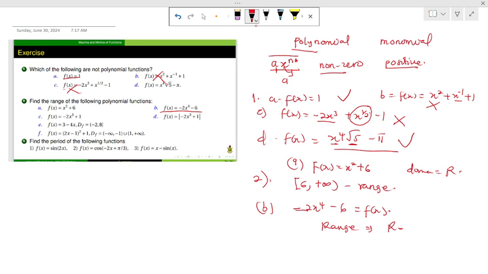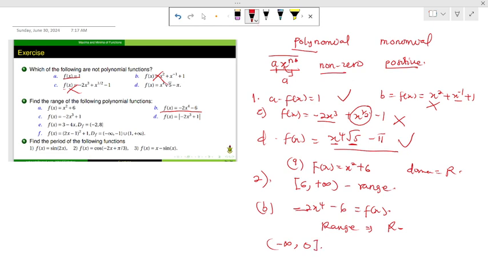So you can also write it as negative infinity to 0, because it will never reach positive. So negative infinity comma 0, open.